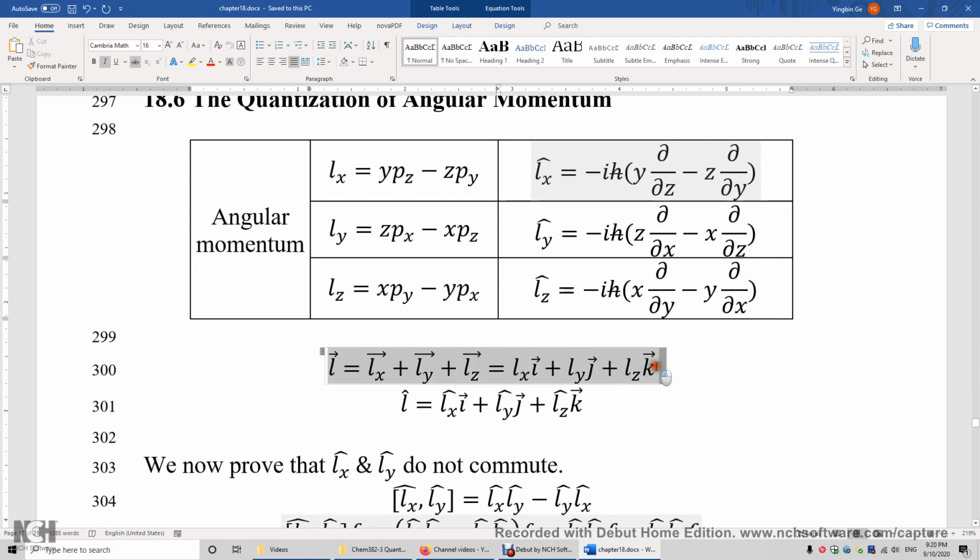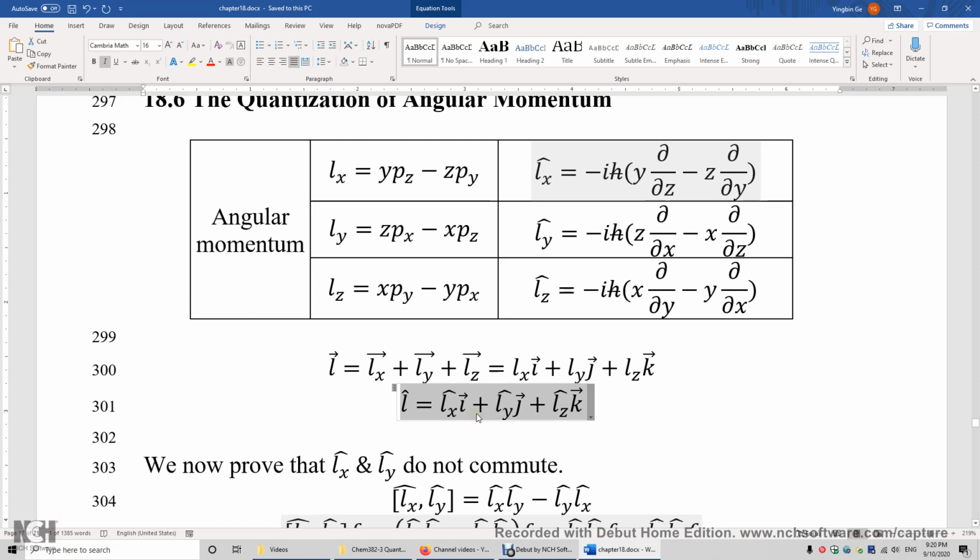This expression is the classical physics expression of this vector L. And this is quantum mechanics. This L is a three-dimensional operator. And these Lx, Ly, Lz are the operators in the x, y, z directions.